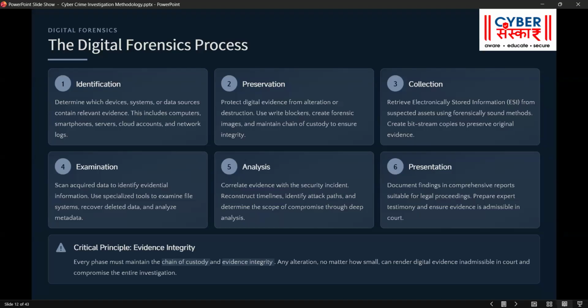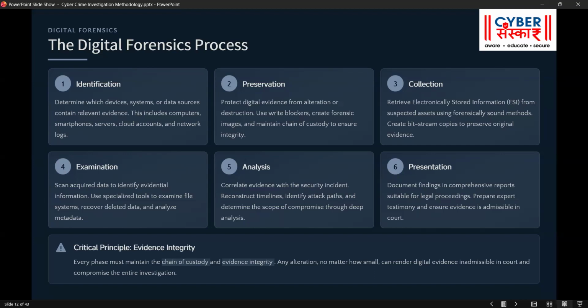Reconstruct the timelines, identify attack paths. Again, we have to reconstruct the procedure of their attack: how they have done it, what kind of path they have taken, what kind of languages they have used, what kind of equipment they have used. All these things are to be kept in mind while analyzing the complete evidence which we have collected.